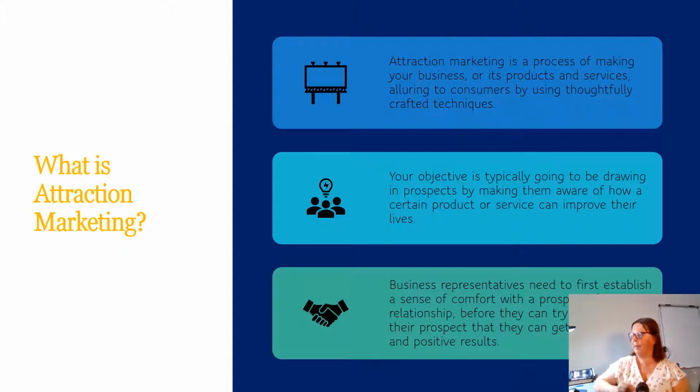And also, business representatives need to first establish a sense of comfort with a prospect, forming a relationship, before they try to convince their prospect that they can get the promised and positive results. Again, this is all about forming the relationship first. Everything that we do, whether we do offline networking or online content, it's the same process.